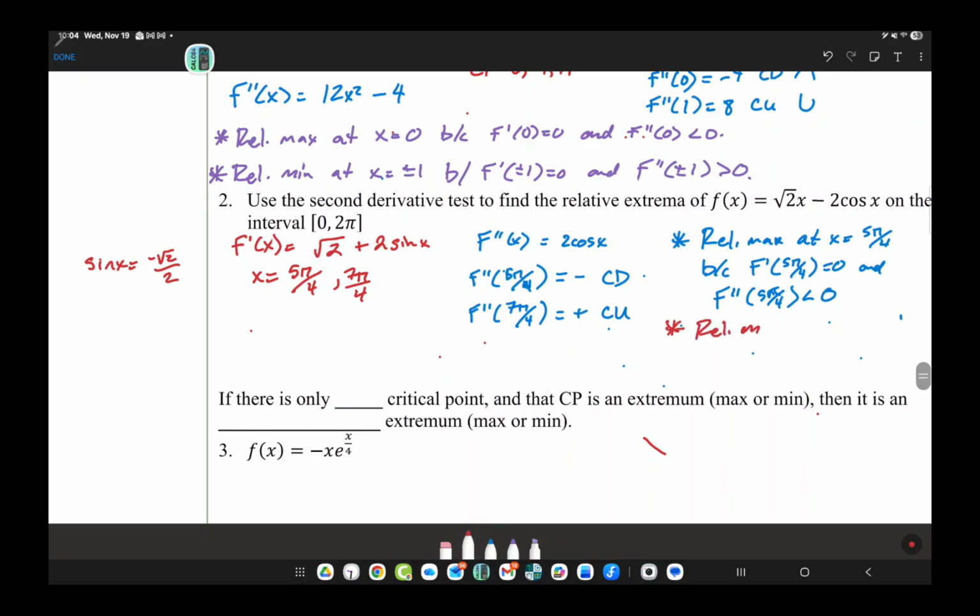Relative min at x equals 7 pi over 4, because f prime of 7 pi over 4 equals 0, and f double prime of 7 pi over 4 is greater than 0.